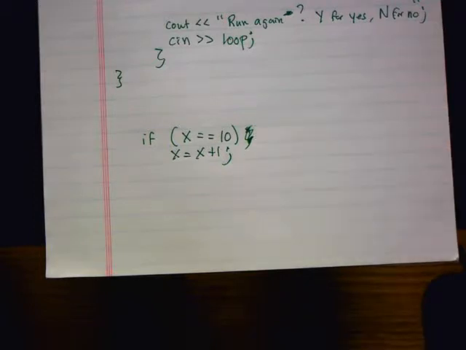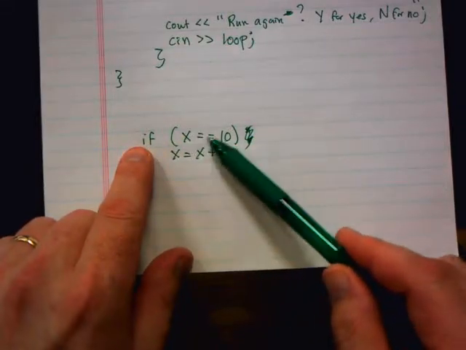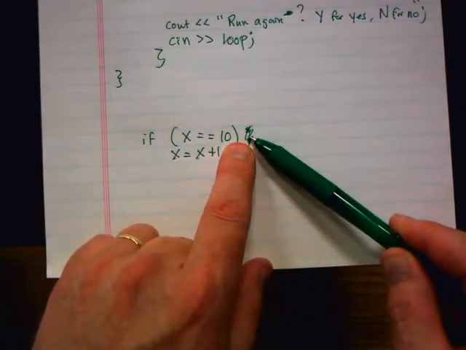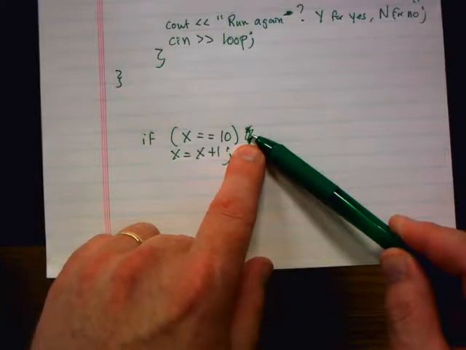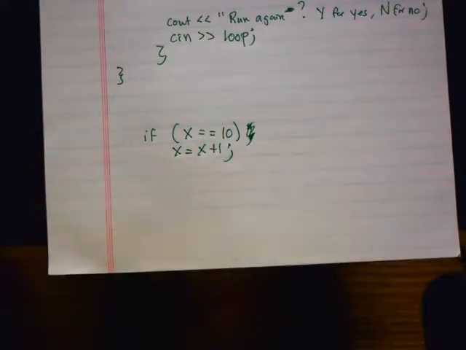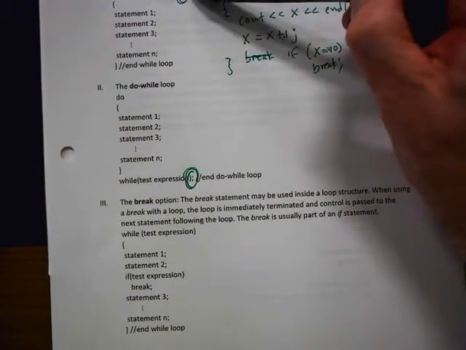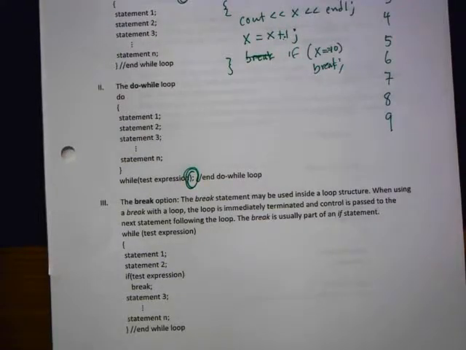How would it affect the program if you put the semicolon right there? It wouldn't matter if it's true or not, it thinks that's the end of the if. So it will then run the next line no matter what you do. And it will do the same thing with a while loop. If you put the semicolon right there, then it thinks that's the end of the while loop. So it's going to run the next statement no matter what. Not what you want.